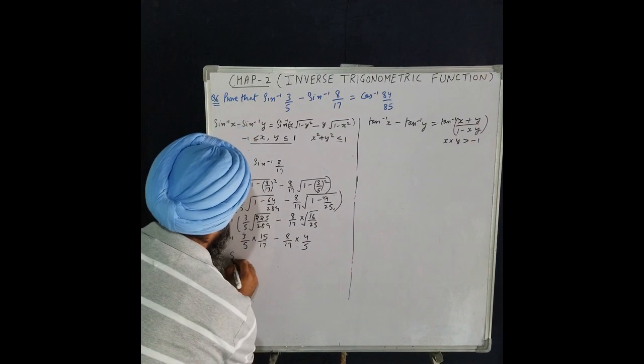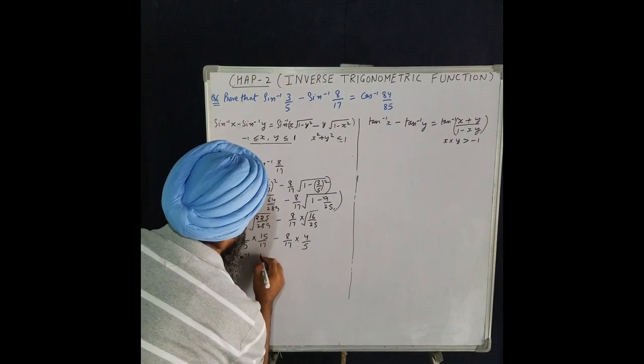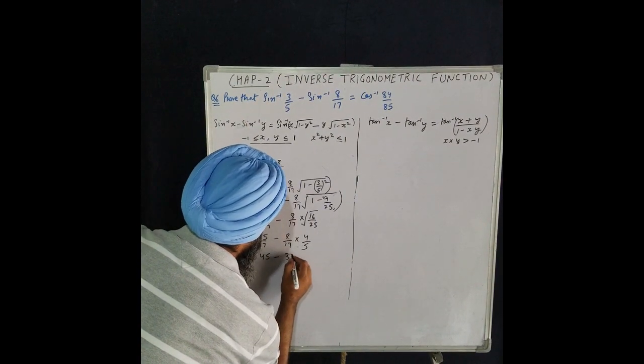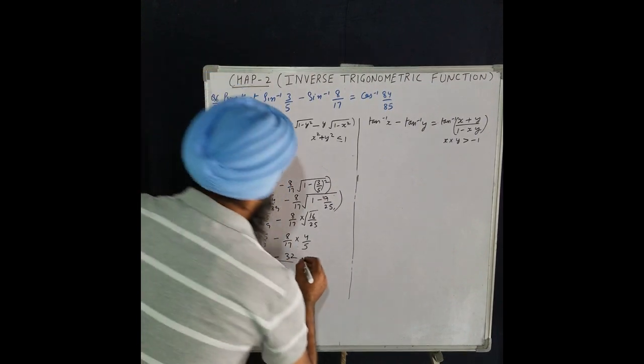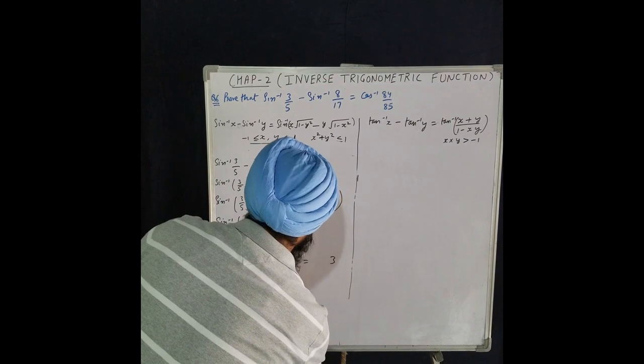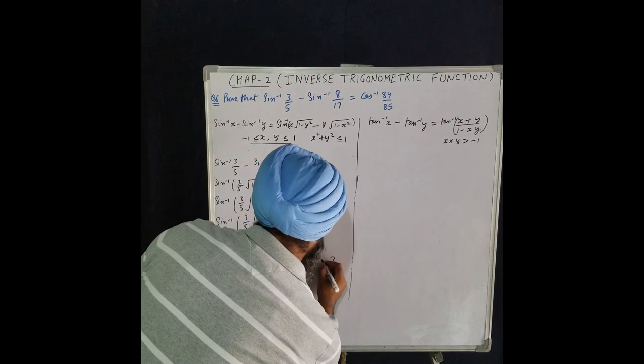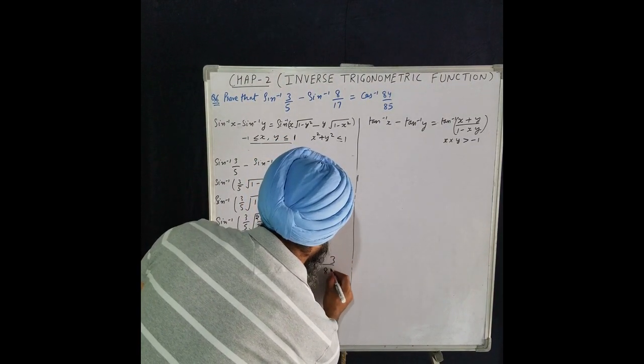So the value comes out to be sine inverse 45 minus 32 upon 85. Okay, it comes out to be 13/85.